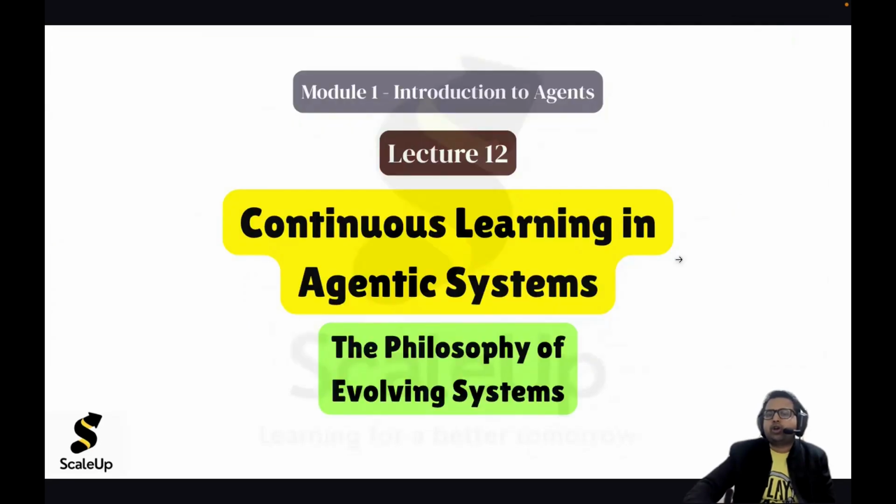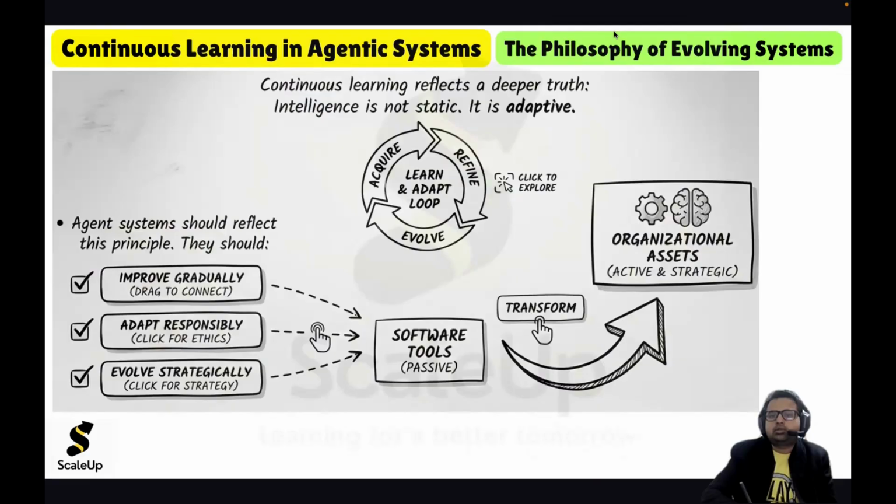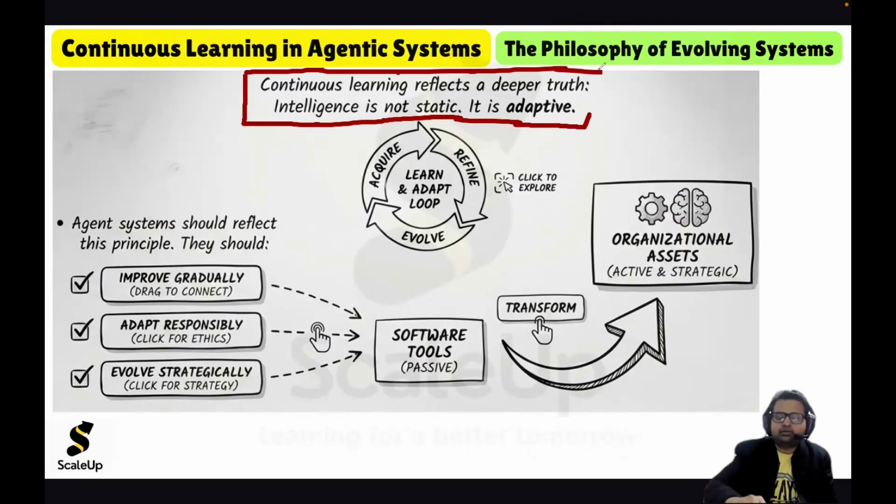The philosophy of evolving systems. Now see, the idea is that continuous learning reflects a deeper truth. Intelligence is not static, it is adaptive. This is very clear to us, because we saw that a static agent will fail in the real world.